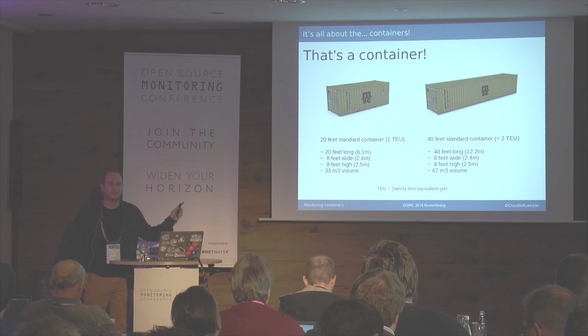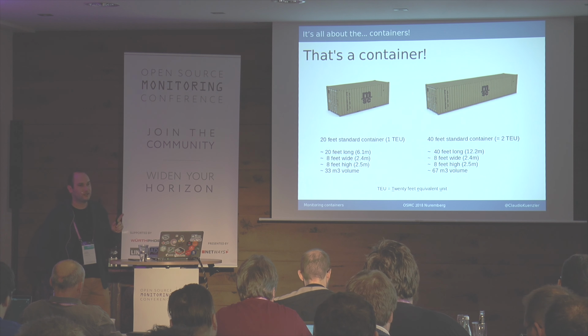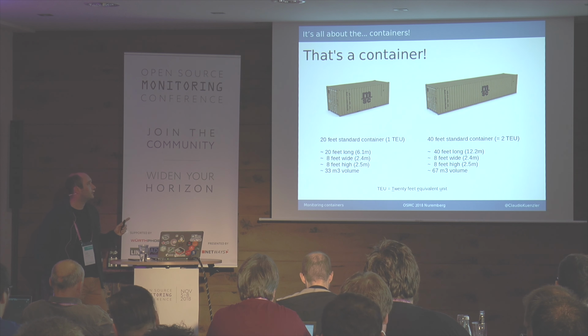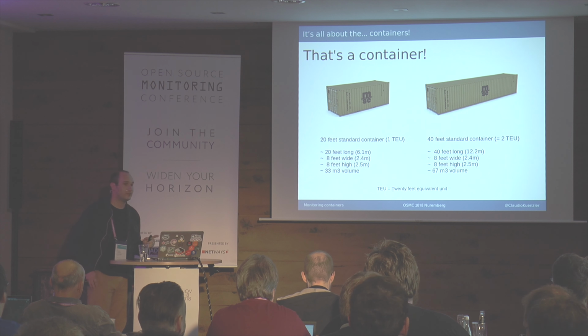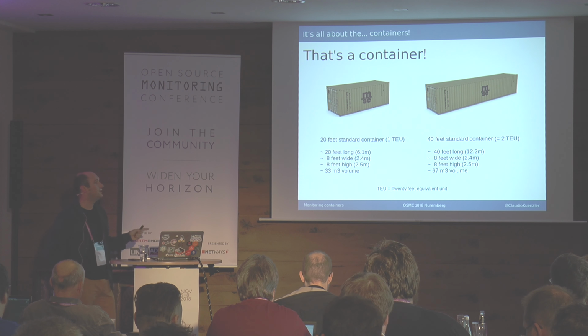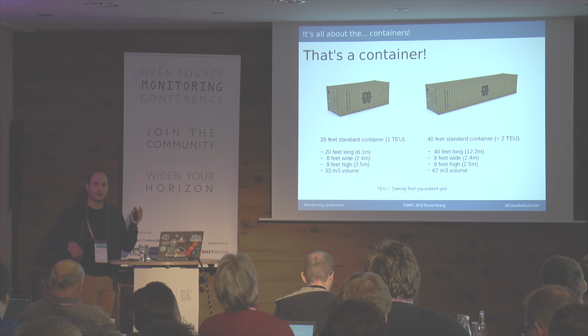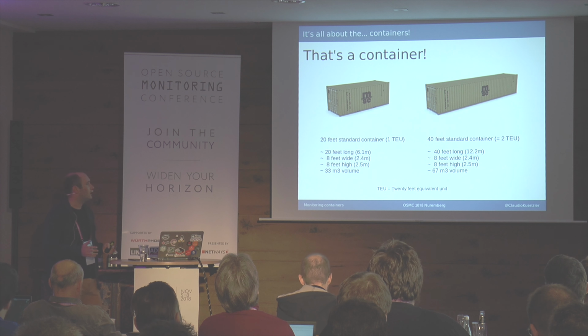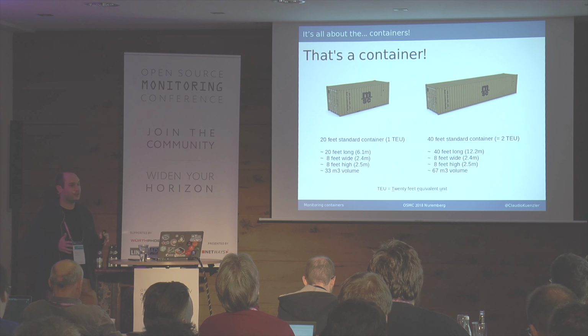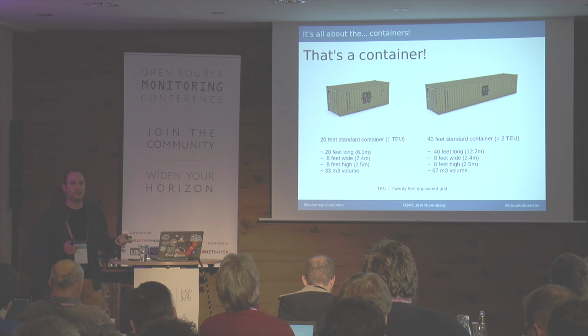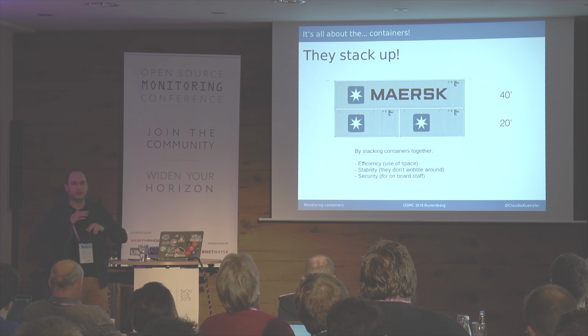That's a container. So when we're in the cargo world, we're talking about a unit. A container is a unit size of 1 TEU, which stands for twenty-foot equivalent unit, so 20 feet container size. As you can see, there is a double size, 40 feet, exactly double the amount, equals 2 TEU. And as you can imagine, they stack up quite nicely.